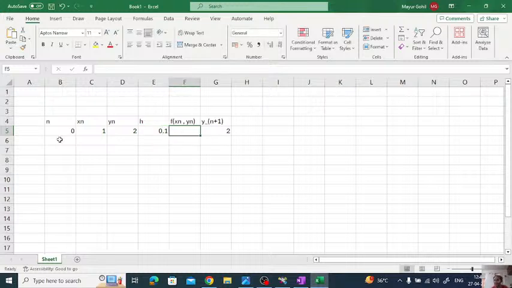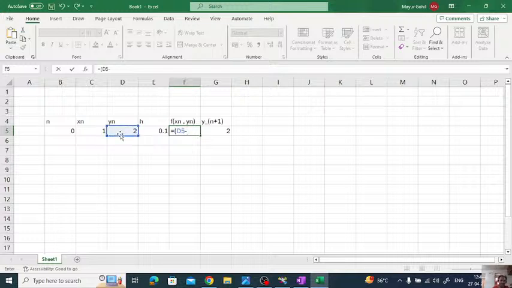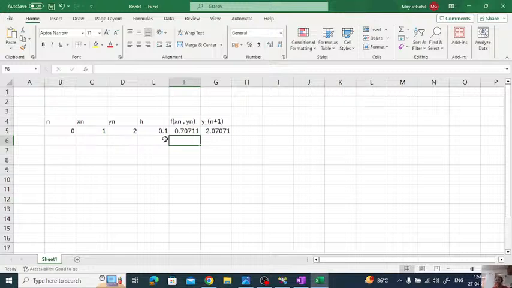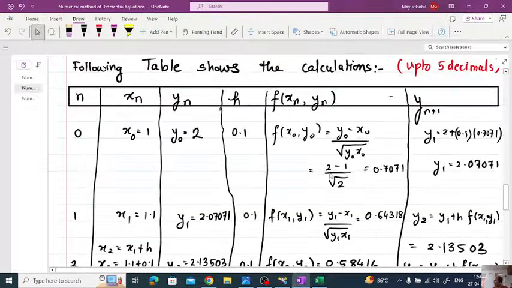And now we write our f of xn, yn. The formula was this: yn minus xn divided by the square root of the product of the two, this star this. Okay, that's what the formula was. Here we got our answer to the same accuracy that we had.